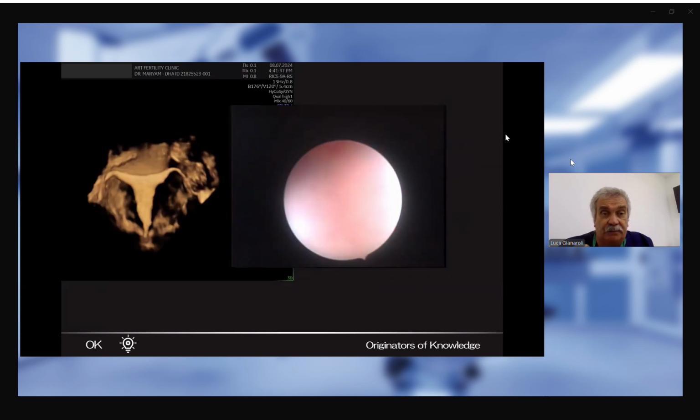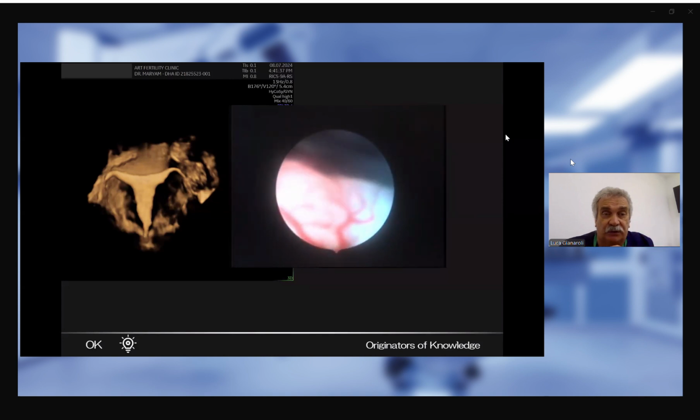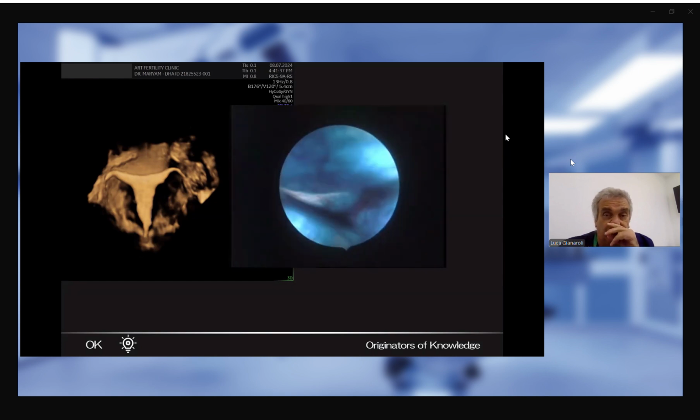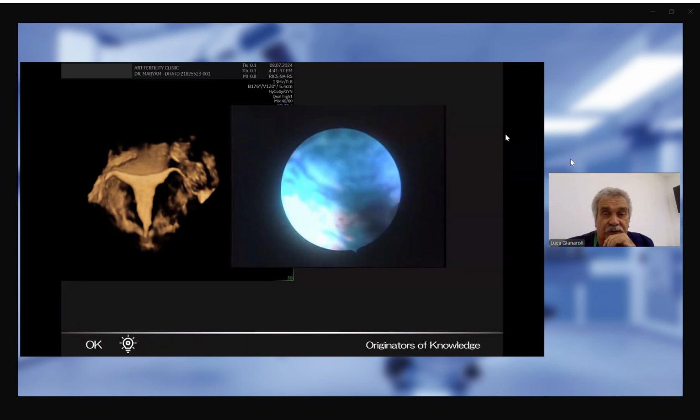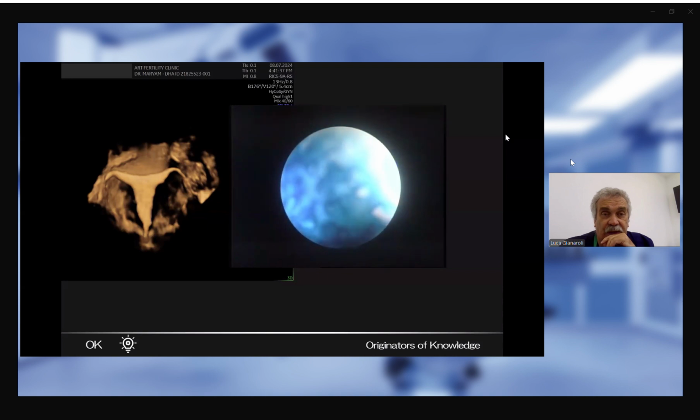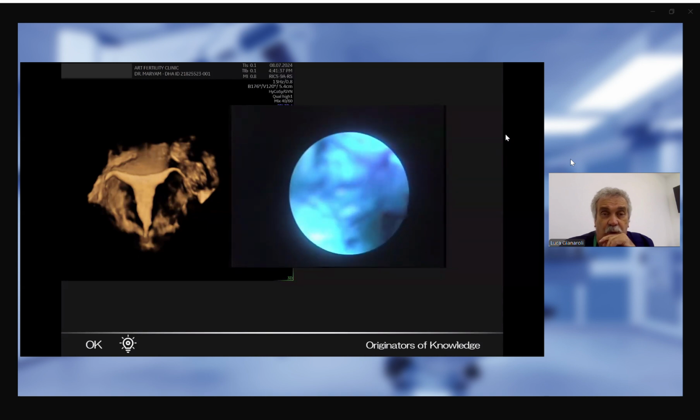And this is an example, a 25-year-old woman. As you can see, 3D ultrasound with ultrasonography: perfect uterus, perfect tubes. You do your mock embryo transfer, then you enter the cavity, and I'd like you to look also at the 3D on the left.